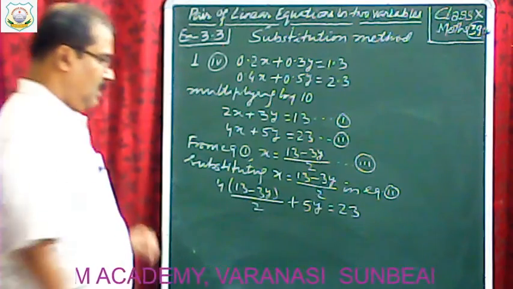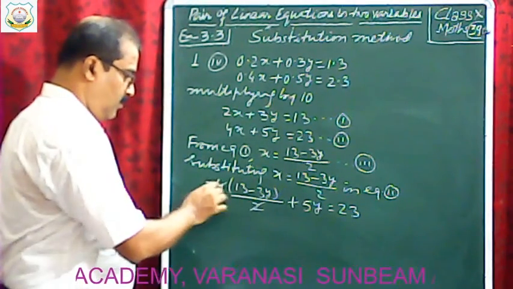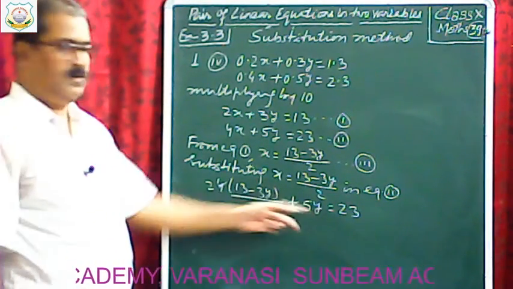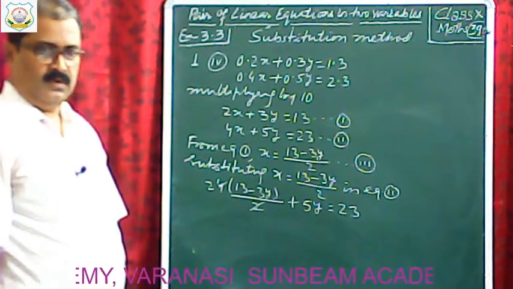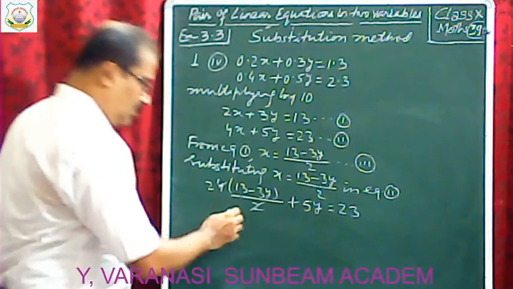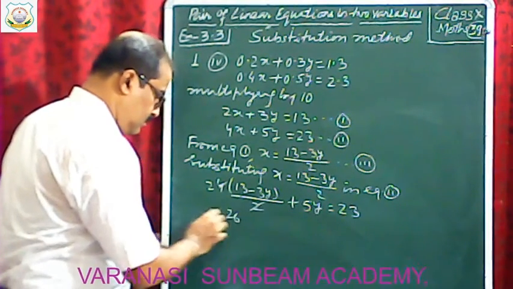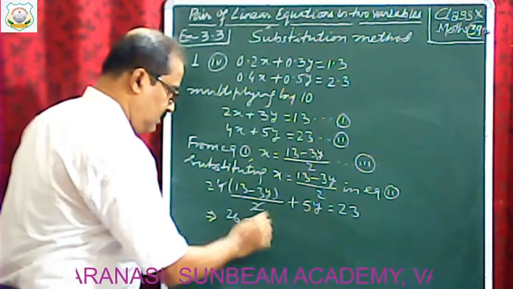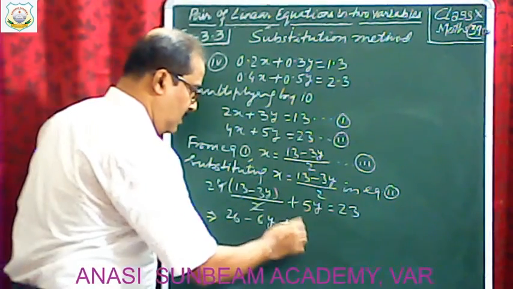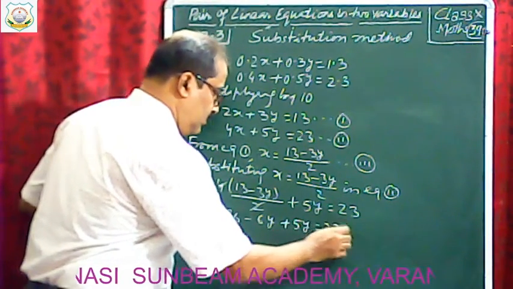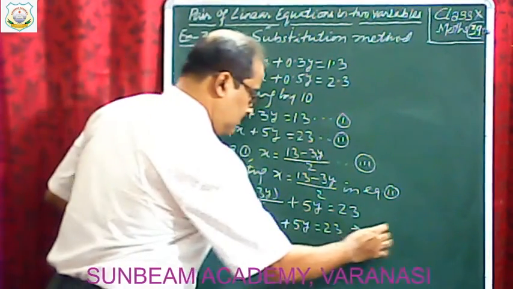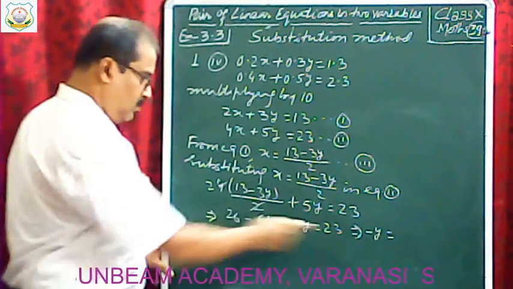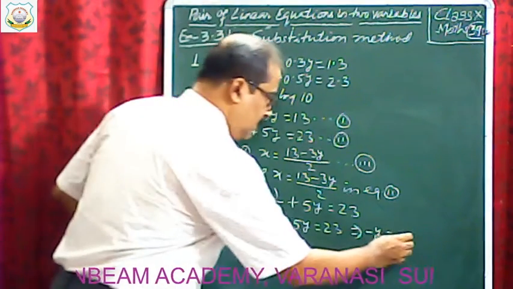Okay. Now simplify 2 to the 4. Now you get equation in term of one variable only. Thereafter you have to equate and find the value of y. So 2 into 13, 26 minus 6y plus 5y equal to 23 implies that minus y equal to 23 minus 26, that is minus 3.